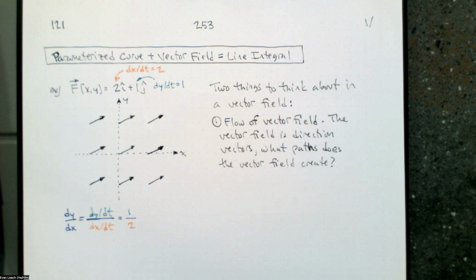And so the dy/dx for any flow line is just going to be 1/2. We get a constant rate of change dy/dx, and that means we're getting lines, just like the vector field suggests. It looks like we're getting lines with a slope of 1/2. So the flow here is lines with a slope of 1/2.